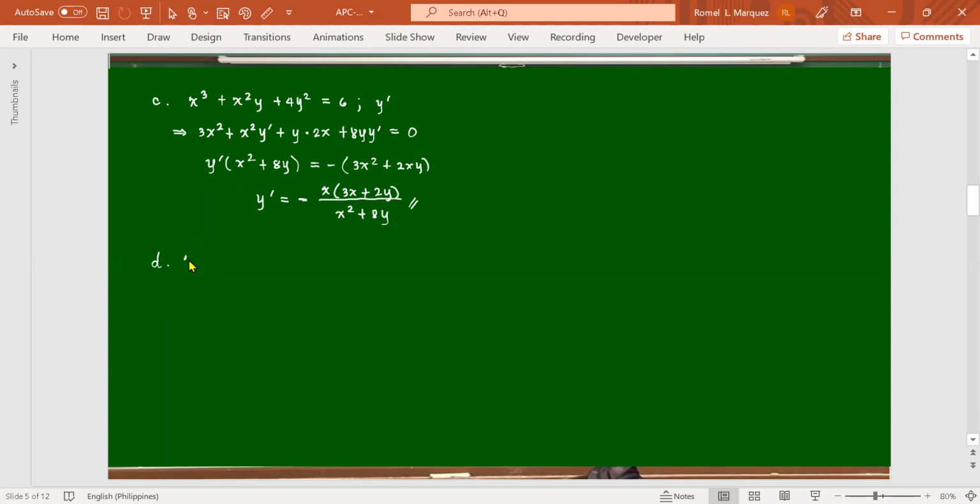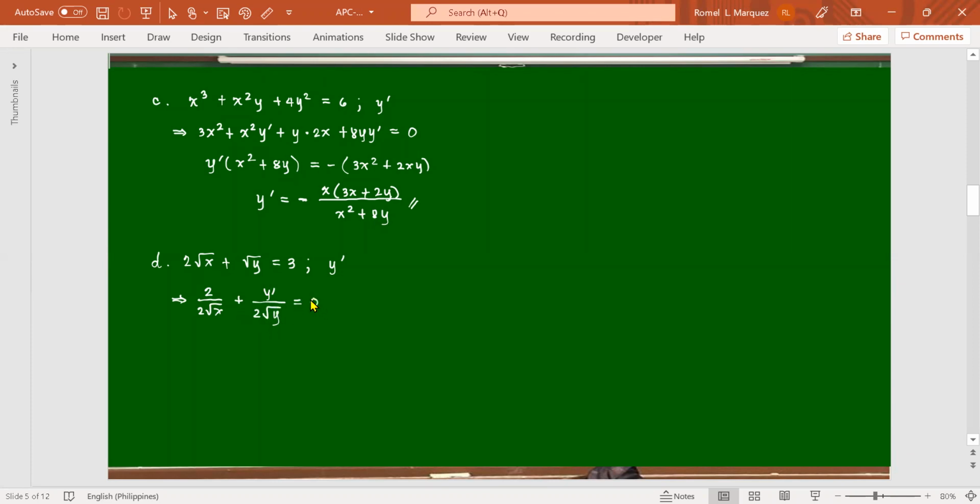What about if I have 2 square root of x plus square root of y equals 3? Find the derivative of y with respect to x. Again, first term, 2, but that is a radical, no? 2 over 2 square root of x. In the second term, the derivative is y prime over 2 square root of y.